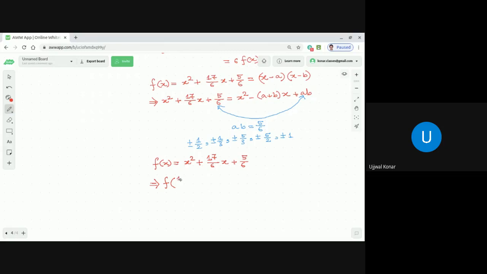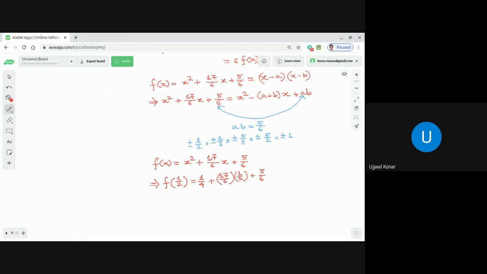If you find f(1/2), it will be (1/2)², that is 1/4, plus (17/6) into (1/2), plus 5/6. And what is our objective? Our objective is to see whether f(1/2) is equal to 0 or not.